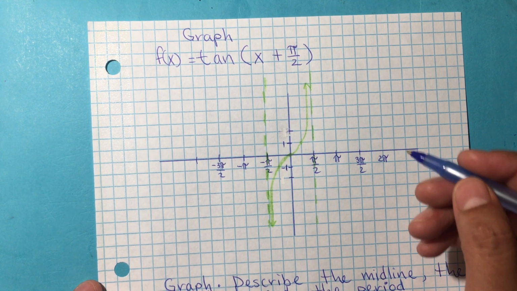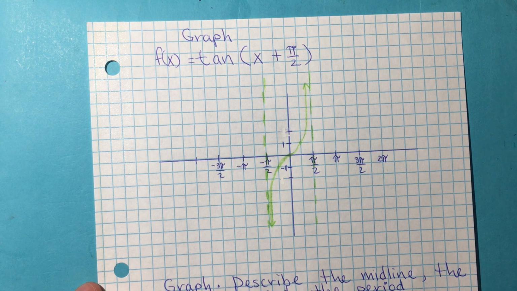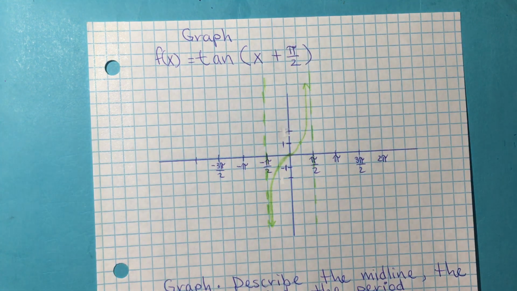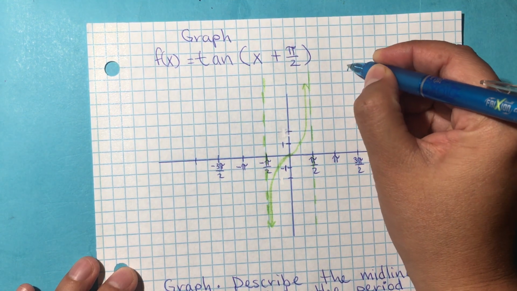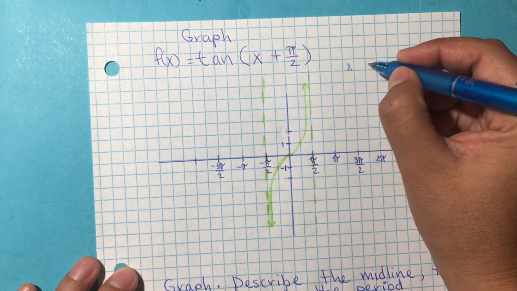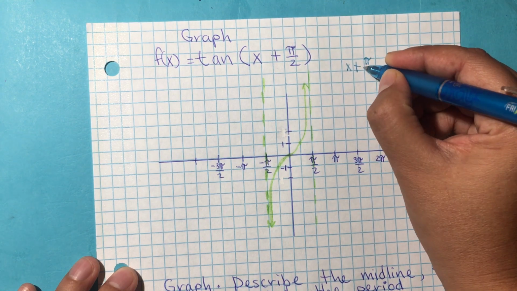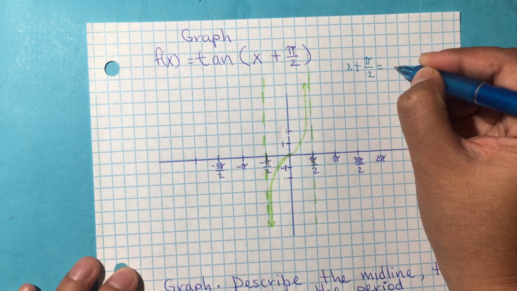This means that we're going to move it to the left or to the right. And the way to do it is by writing everything that is inside of the parentheses, so x plus pi over 2 equals 0.